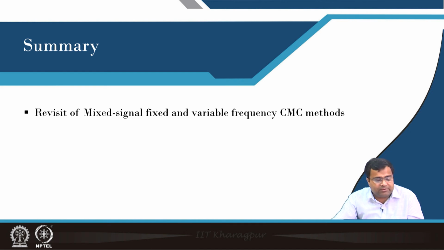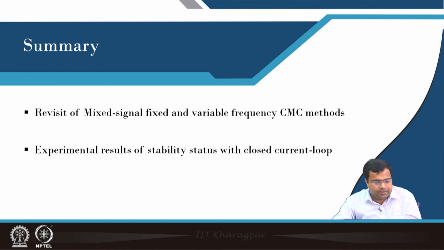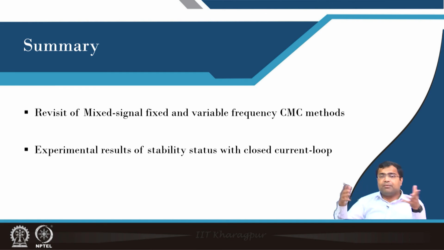So, in summary, we have revisited both fixed frequency and variable frequency control. We have shown some experimental results regarding their stability status. For fixed frequency we considered ramp compensation, and we saw that the ramp compensation was not enough when you further increase the duty ratio. Then you need to increase the ramp compensation, and that may slowly turn current mode control into voltage mode control by adding more and more ramp.